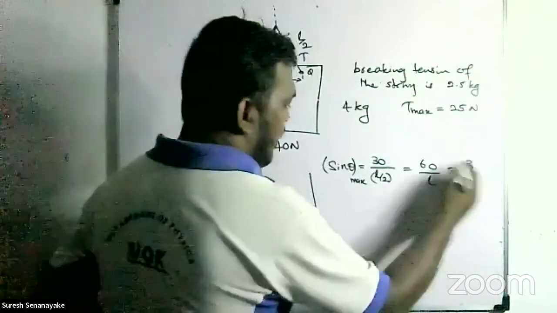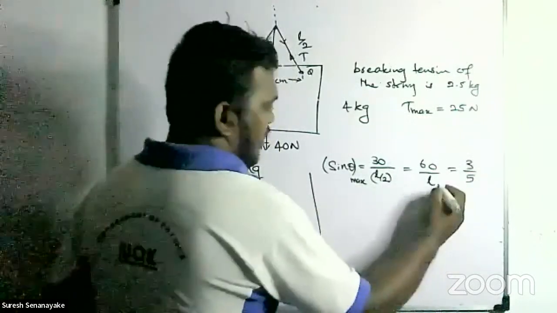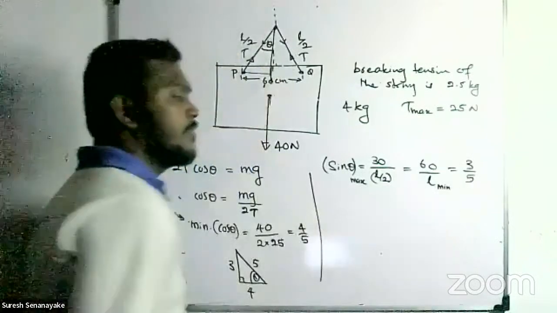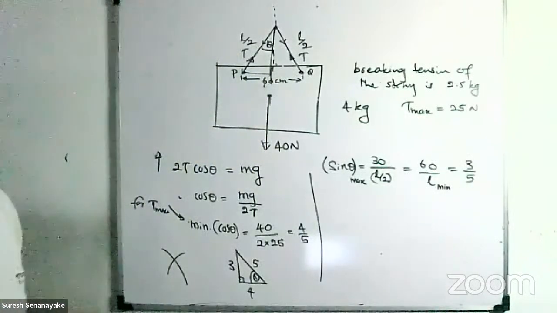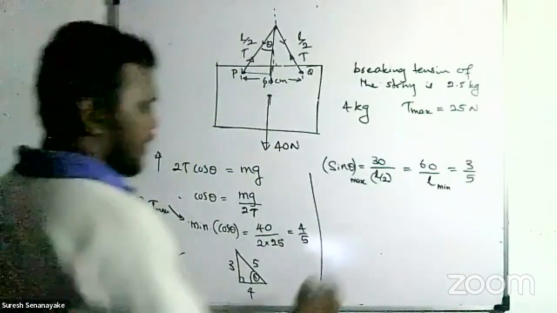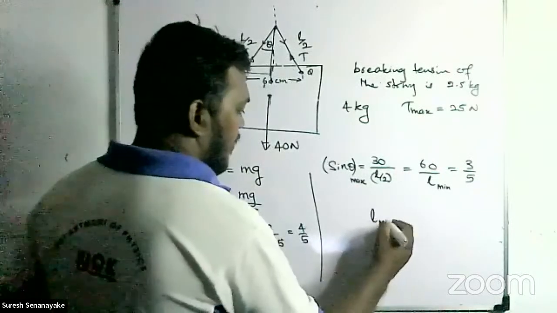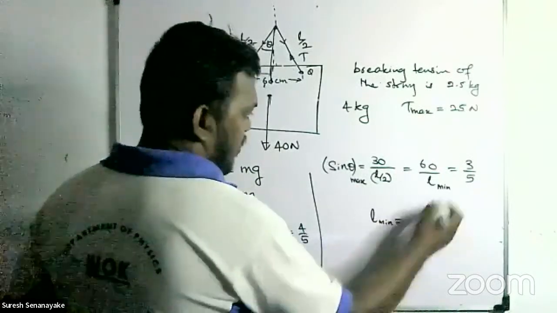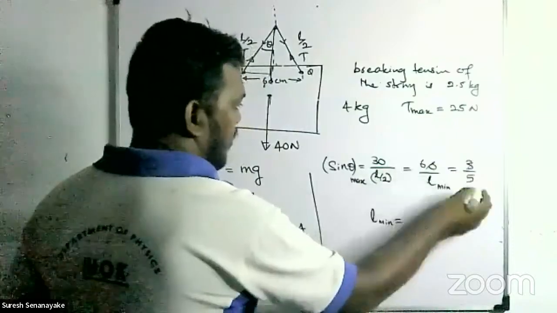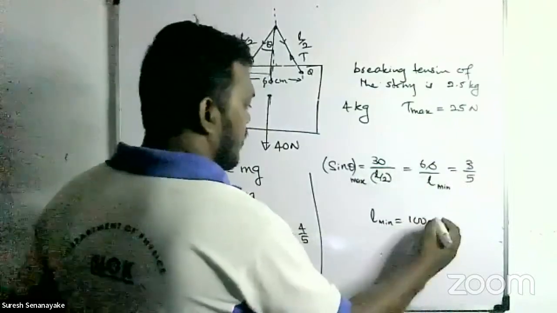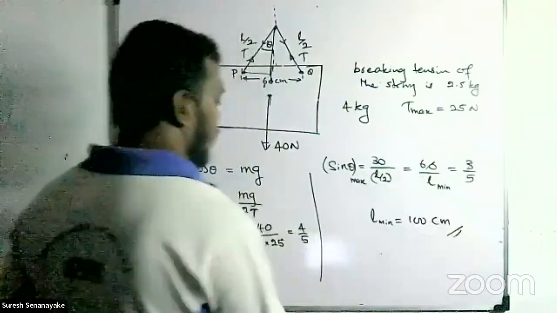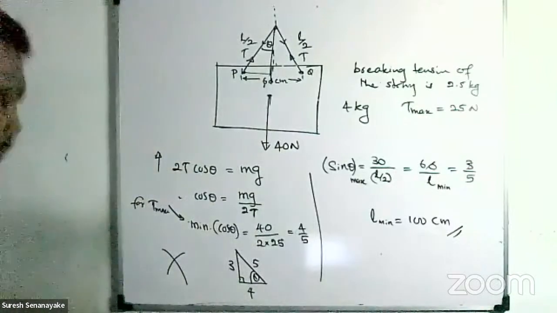If sine theta is maximum, the length should be the minimum. That's how you can find the minimum length. Minimum length equals 60 over 3/5, which is 100 centimeters. So that is 1 meter of length you require.